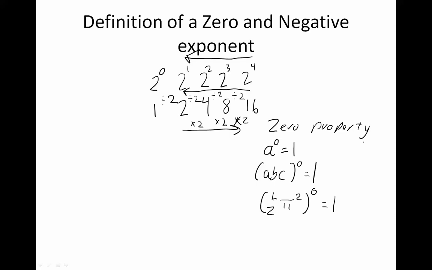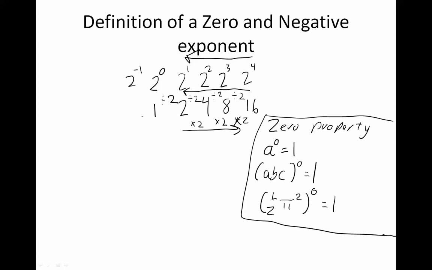That one's pretty straightforward. The negative property is always one that I find students have a little bit of difficulty with. So let's continue this pattern to the left. Notice how I'm reducing the powers by 1. Let's reduce the power by 1 more, so I get 2 to the negative 1 power.